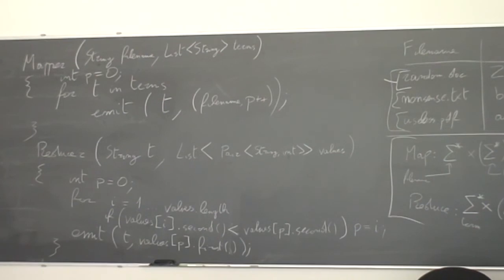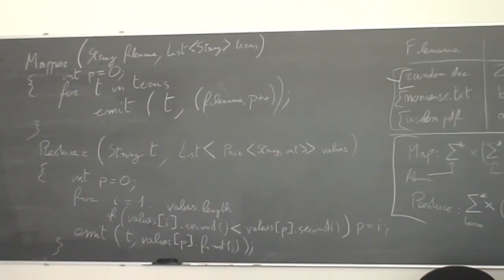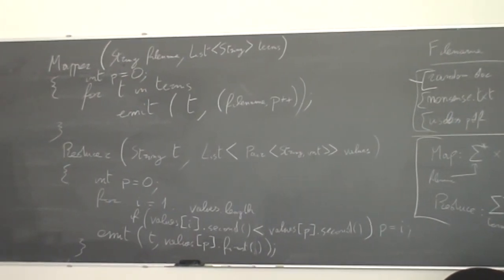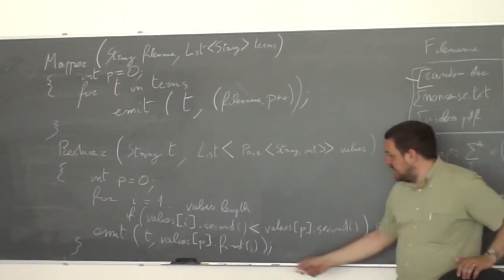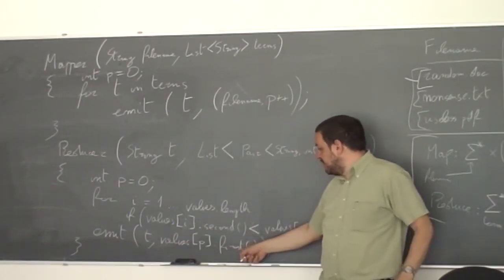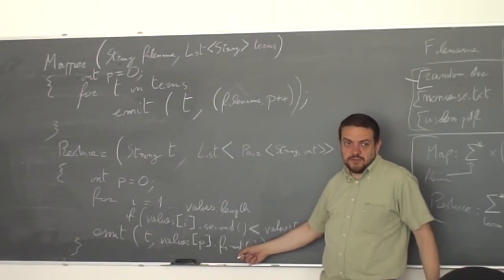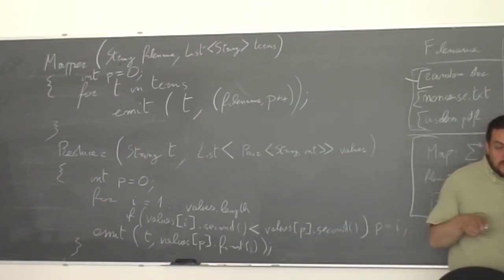Not really directly, because this reducer discards very important information, which is the integer position. So actually, if we want to use the reducer as a combiner, we need to output both the first and the second element of the pair.